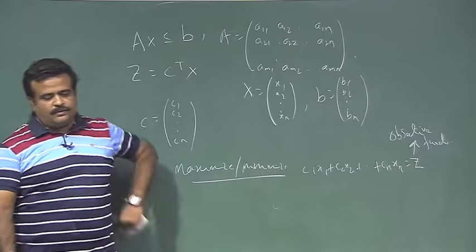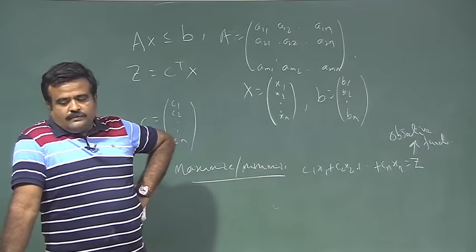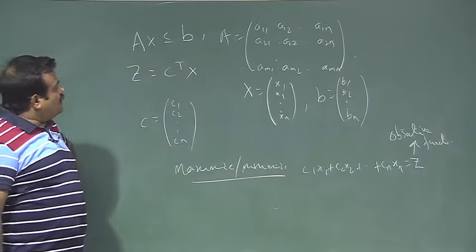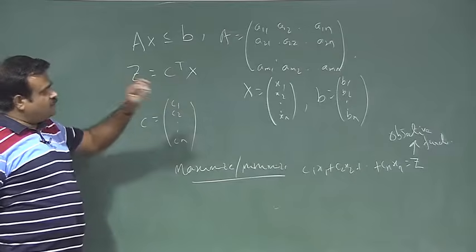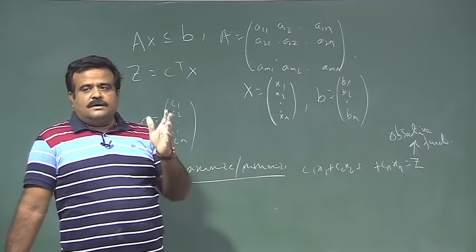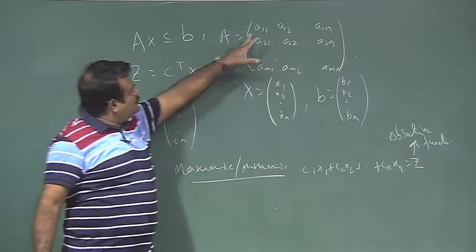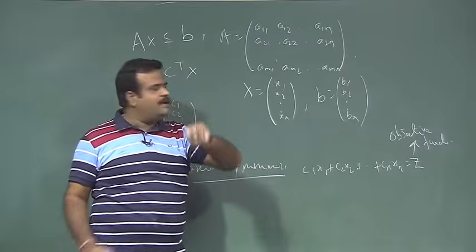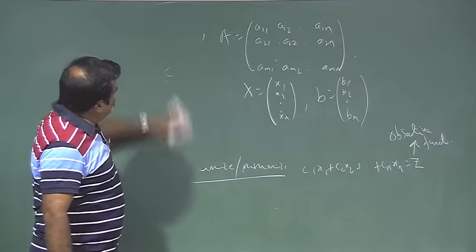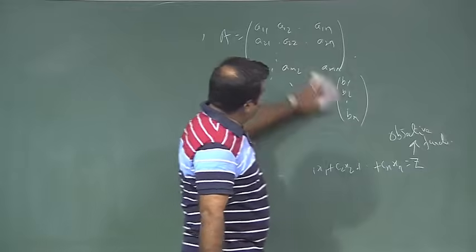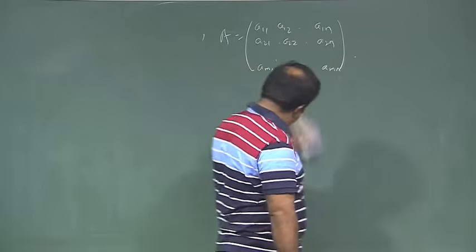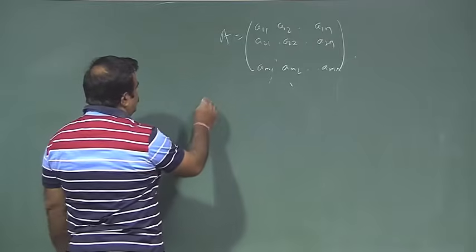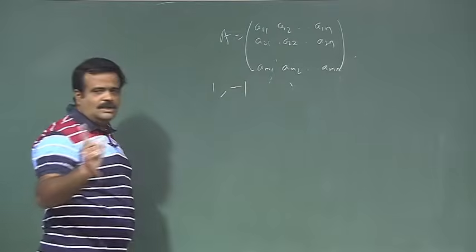Now here we are restricting our LPP to a very particular case where each row of the A matrix contains only two elements, a 1 and a minus 1.